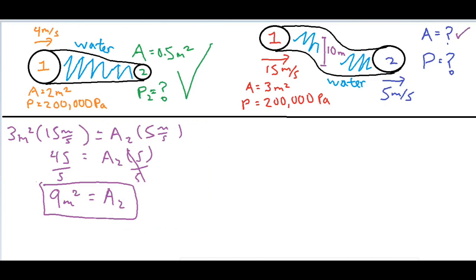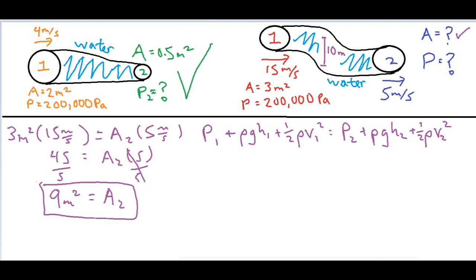Now we're going to go ahead and utilize Bernoulli's equation once again, where we have the pressure plus rho GH1 plus 1/2 rho V1 squared equals P2 plus rho GH2 plus 1/2 rho V2 squared.